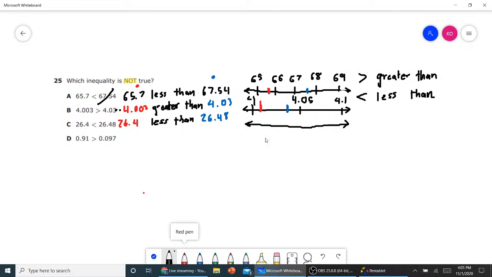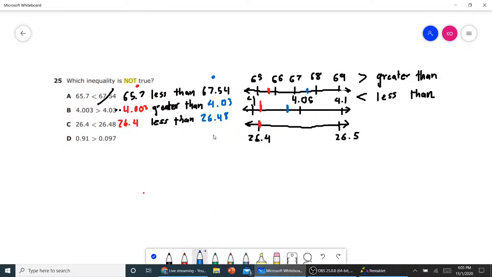Okay, so 26.4. Let's make the range between 26.4 and 26.5. So 26.4 and 26.5. And as we can see, 26.4 is clearly shown right here.